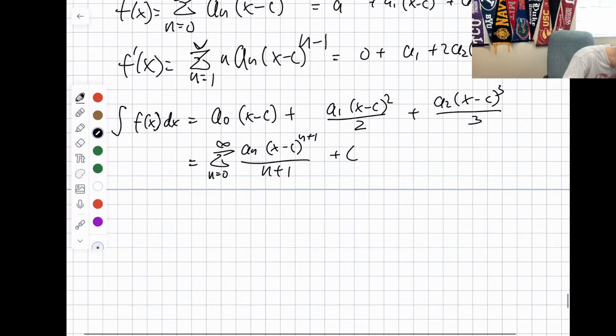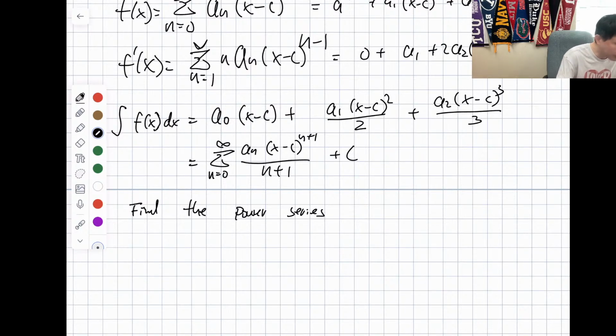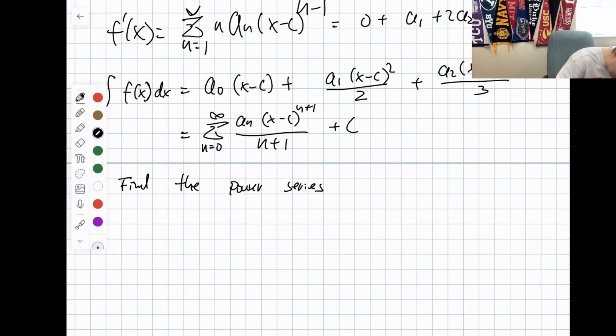Okay, so let's just say, how do I find the power series? We never learned this one, but we learned some basic ones. Natural log of 1 minus x. How do I find a power series of this? And we have radius of convergence of -1 to 1.